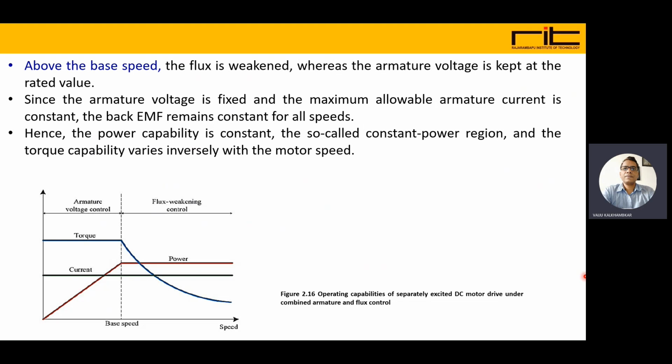Since the armature voltage is fixed and the maximum allowable armature current is constant, the back EMF remains constant for all speeds. Hence, power capability is constant, so-called constant power region. So you can see here the constant torque, and here you can see the constant power where the torque is reducing. So there are two regions. Armature voltage control will give the constant torque, and flux weakening control gives the constant power region.